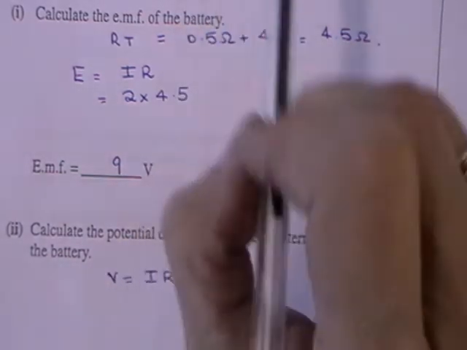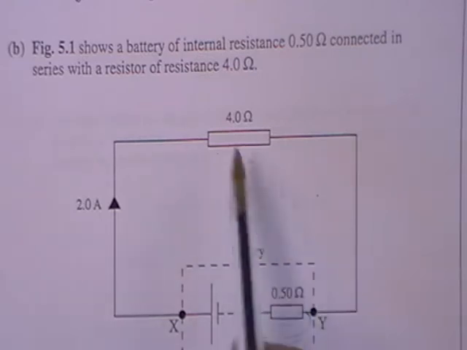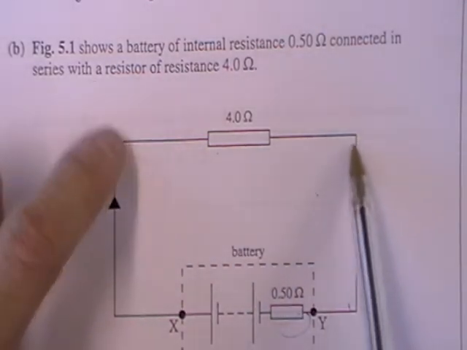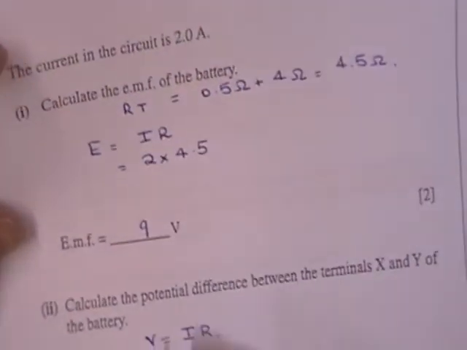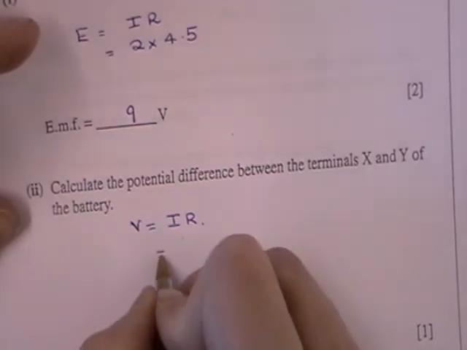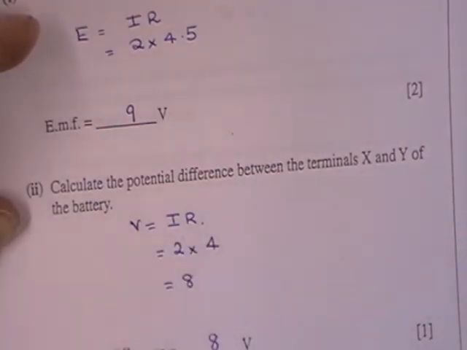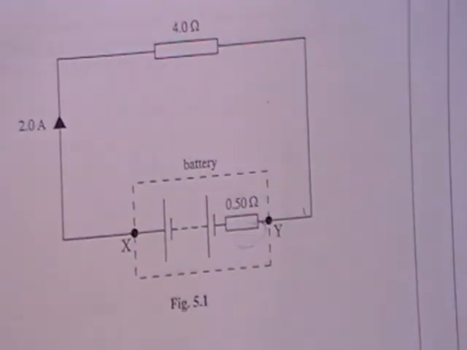We calculate the potential difference through the 4 ohm resistor: 2 amps multiplied by 4 ohms gives you 8 volts. And that means that there's been 1 volt dropped across this 0.5 ohm resistor.